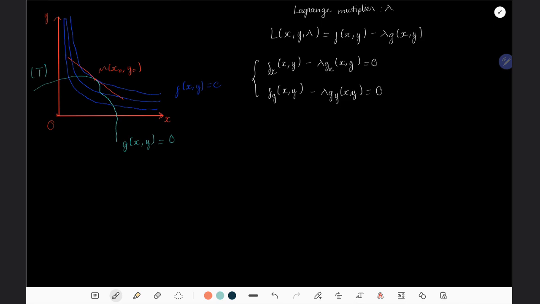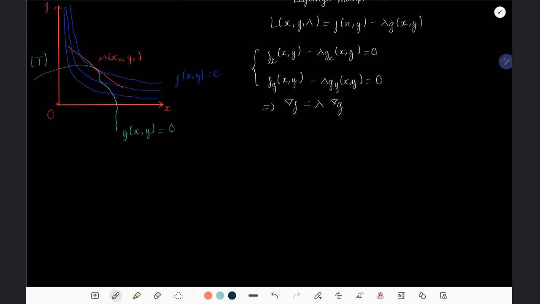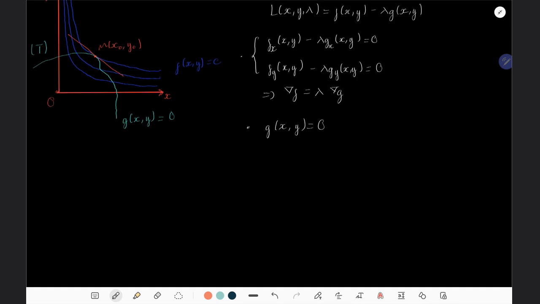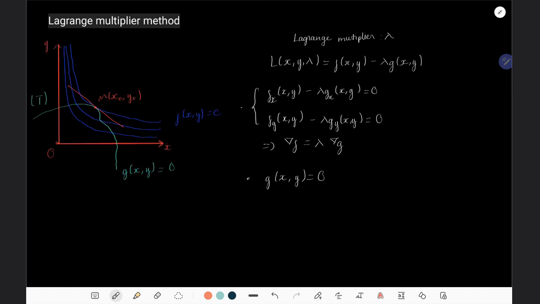The first two equations express the condition that the gradient of f is parallel to the gradient of g at the critical point, while the third equation enforces the constraint that the point x, y lies on the curve T. The Lagrange multiplier lambda is introduced to ensure that the constraint is satisfied at the critical point.